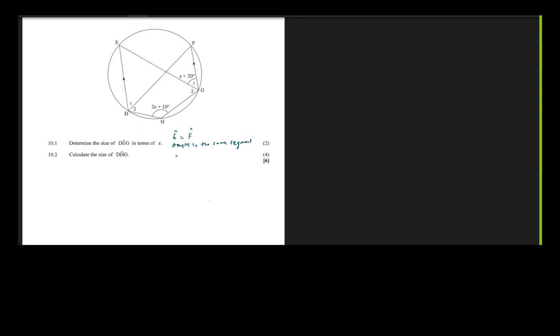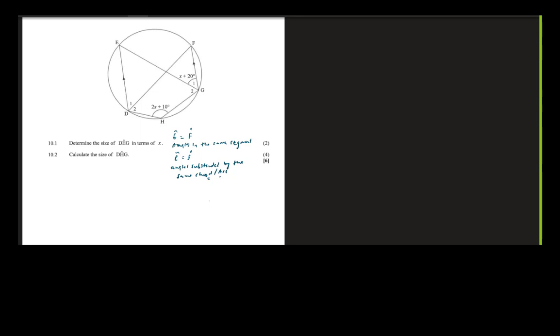Another one can say angle E equals angle F. Why? Angles subtended by the same chord, or the same arc. These angles are equal, guys. Let's check angles subtended by the same chord or the same arc.